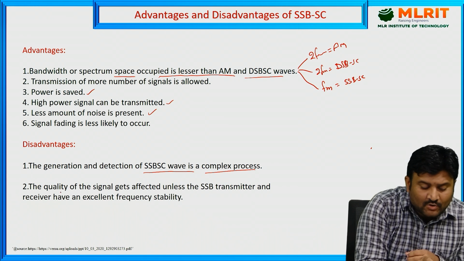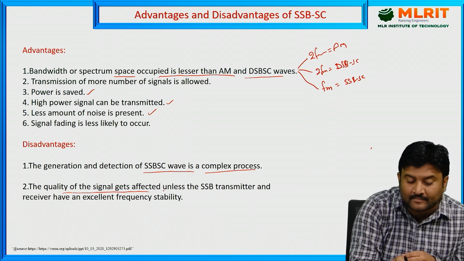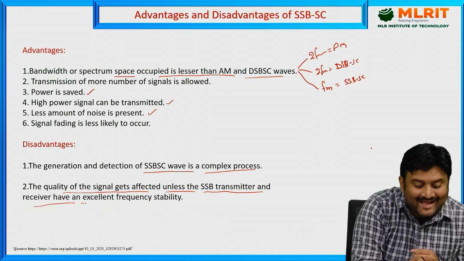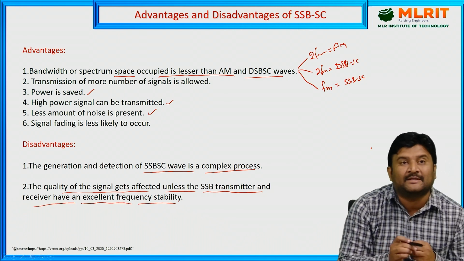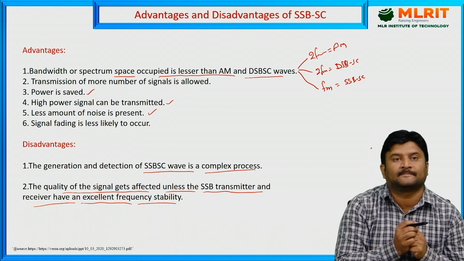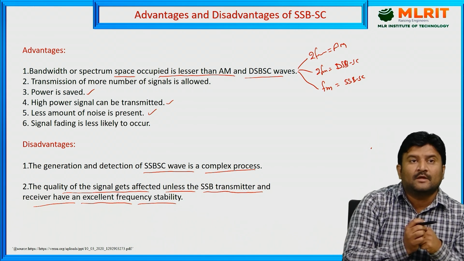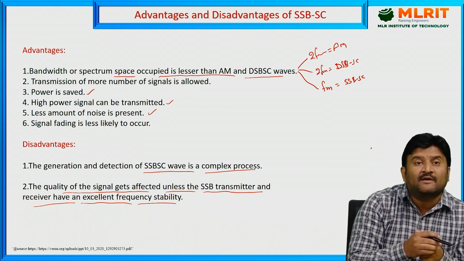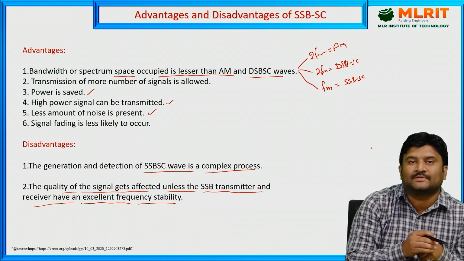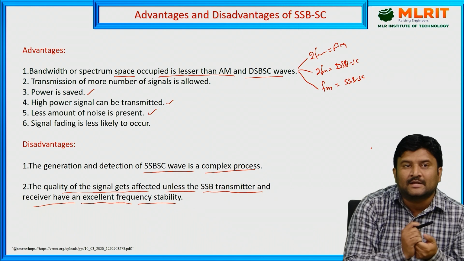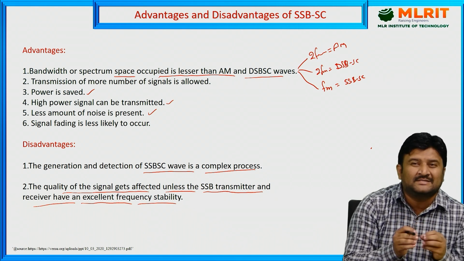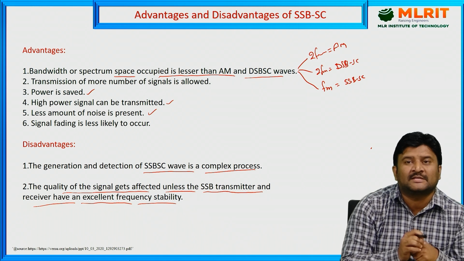Next one, the quality of the signal gets affected unless the SSB-SC transmitter and receiver have an excellent frequency stability, because without stability it is a loss. That is the one drawback in the case of the SSB-SC system.